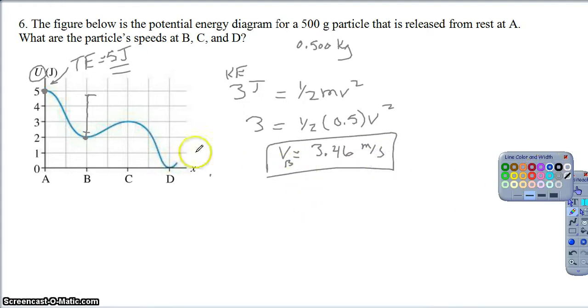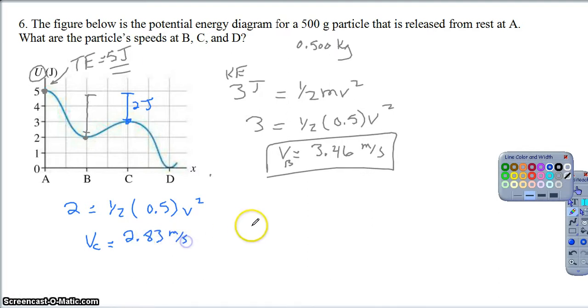I use the exact same type of rationale for both point C and point D. So at point C, it has 2 joules of kinetic energy, because it has 3 joules of potential. So I use 2 equals 1/2 times 0.5 times velocity squared, and I solve for that velocity. The velocity at point C ends up being about 2.83 meters per second, excuse me.